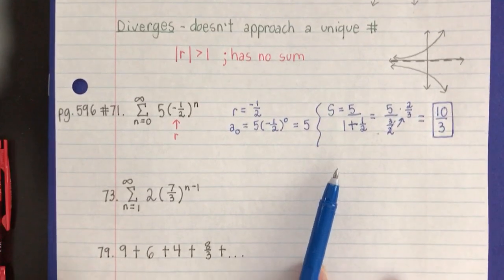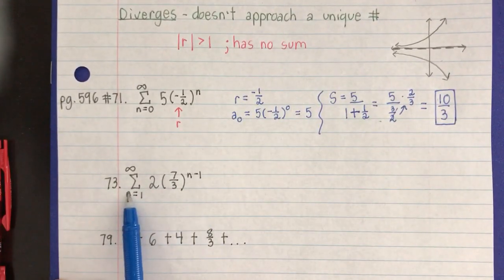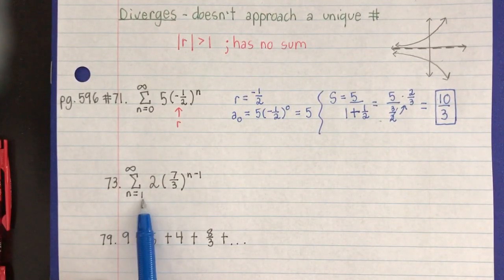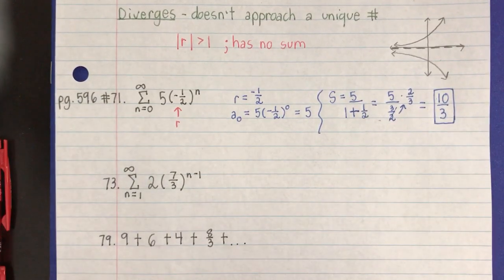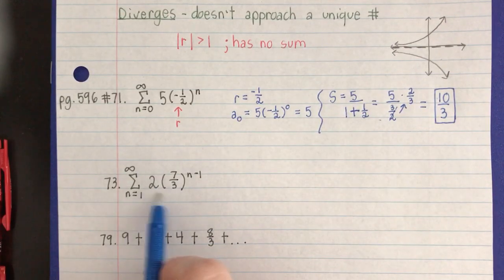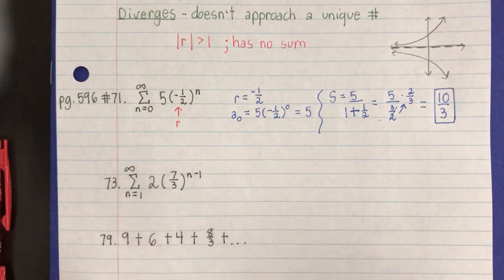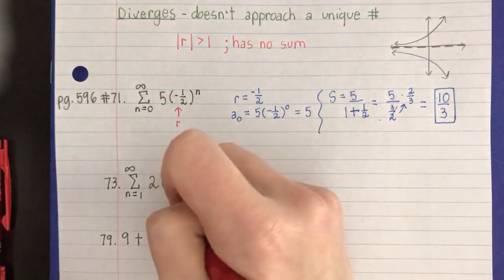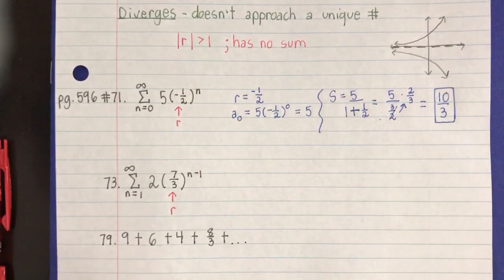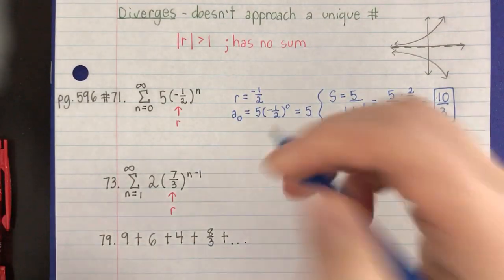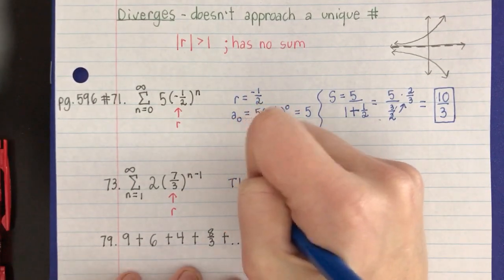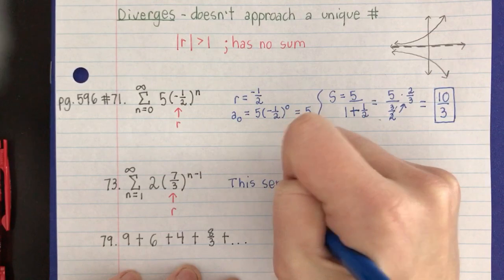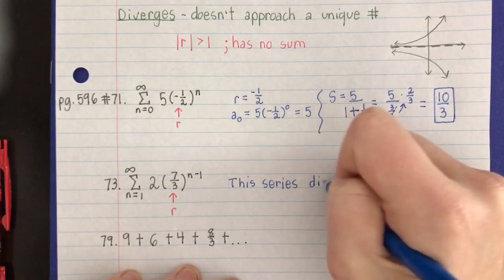Next we have number 73 from the book, where n equals 1 is our lower limit and our upper limit is infinity, because remember, these are infinite series. Our explicit formula is as follows. Our r value is 7/3. So right away we can say this series diverges.